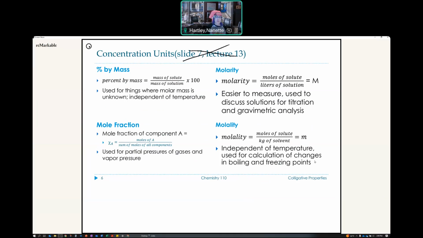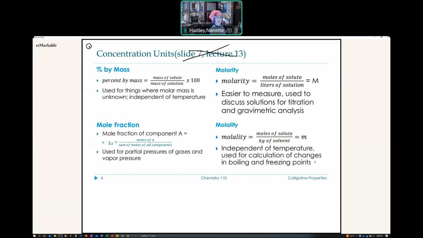And that's why we would use molality, because these kilograms, this mass, is not volume dependent. And so it's independent of the temperature change. So moles of solute per kilogram of solvent is independent of temperature, and it can be used where the temperature is changing. So that's when molality becomes a thing.